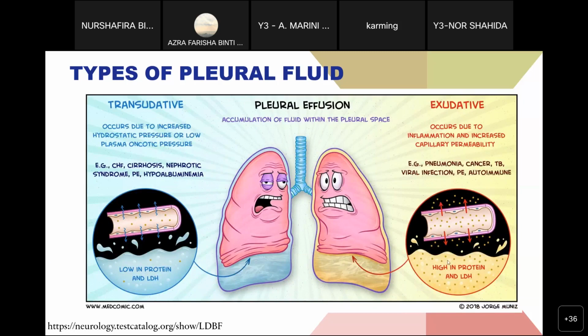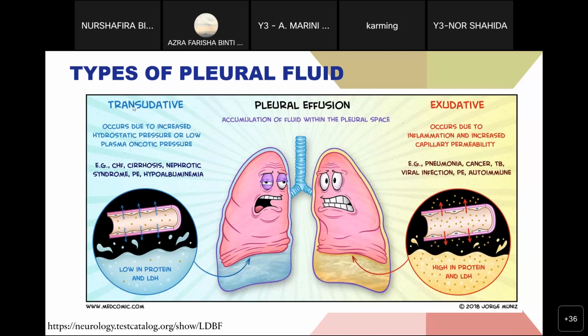You can see from the diagram, in exudative the cells are separated, so large components such as protein and lactate dehydrogenase can pass through the capillary and enter the pleura. So the exudate is high in protein and LDH.